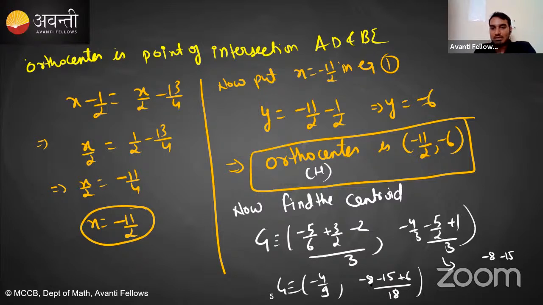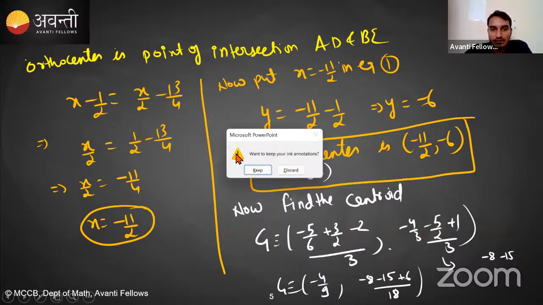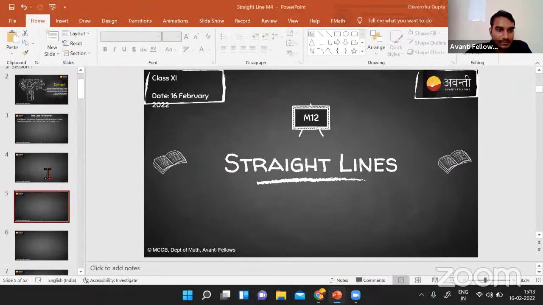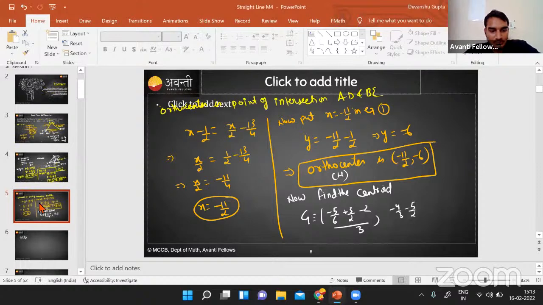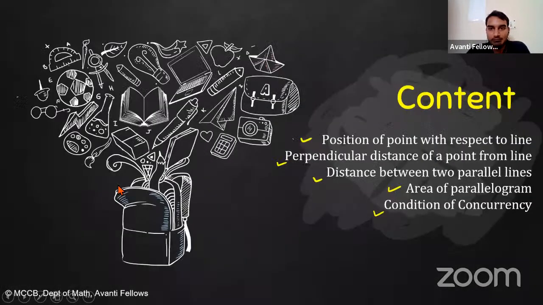So how much is this coming? -2 minus 17 upon 18, minus 15 upon 18, right? Just give me 1 second.